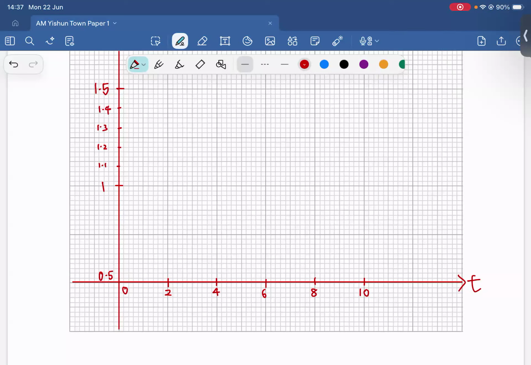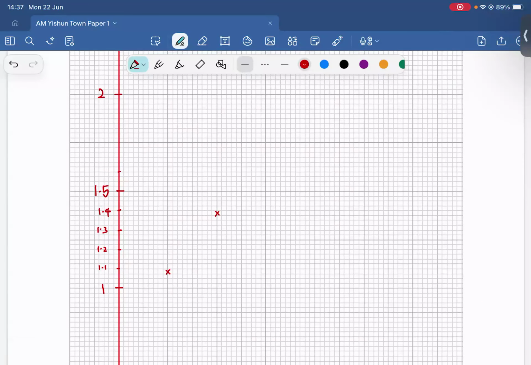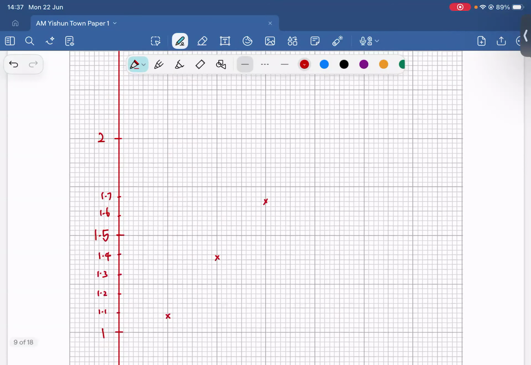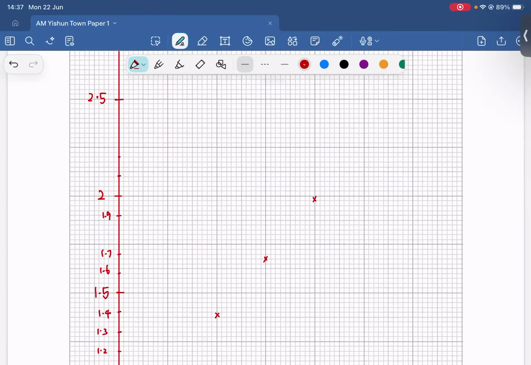So I want 1.08, so it's around here. 1.382, so it's about 1.4. 1.6 is here. 1.7 is here. 1.67 is around here. 1.98, this is 1.9, so 1.98 should be around here. And 2.28, with 2.1, 2.2, 2.3.